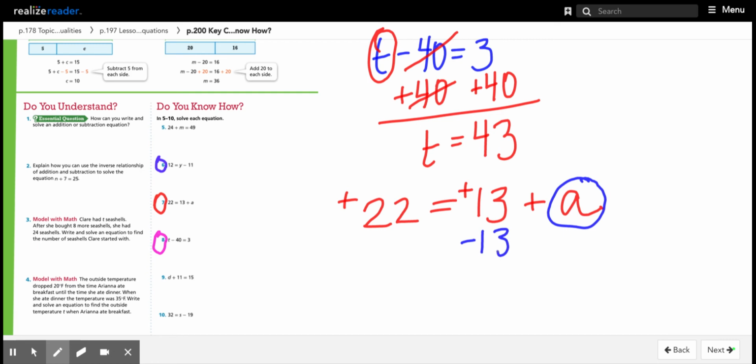Whatever I do to one side, I have to do to the other side. So that leaves me with a alone on the right. 22 minus 13 is 9. A will equal 9. So these were just some practice questions to see how we would solve equations, even if the variable's on the other side of the equation.